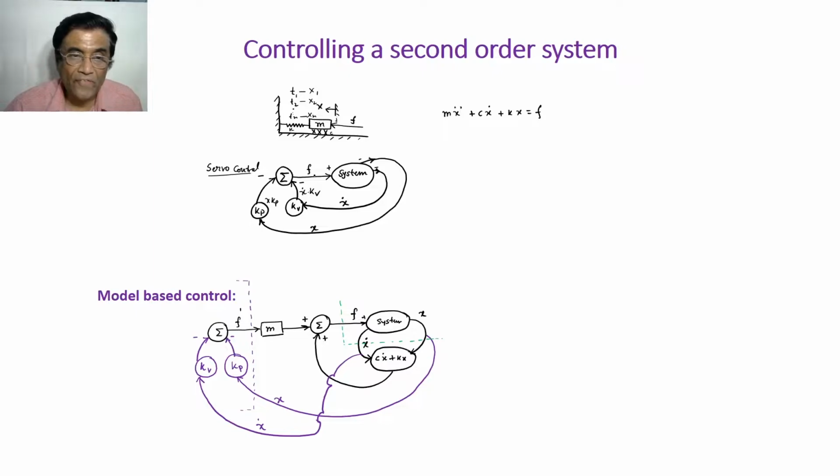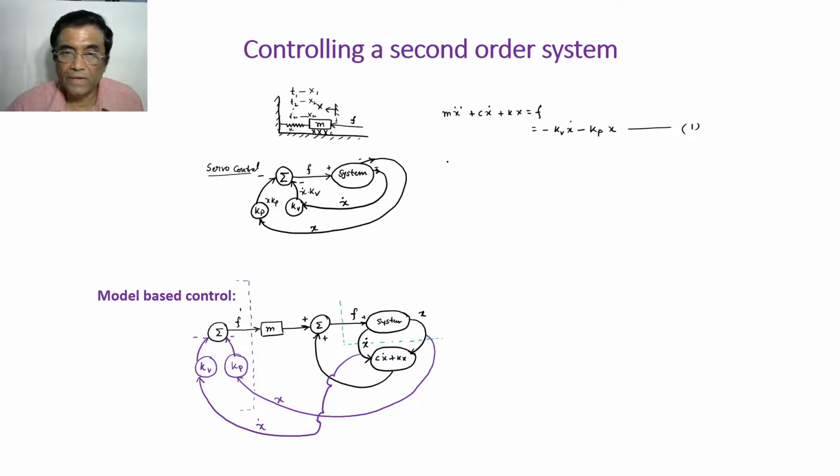So F has been designed to be, in this junction block, which is a summation block, the two input signals: minus Kv x dot minus Kp x. Let us call it equation 1.